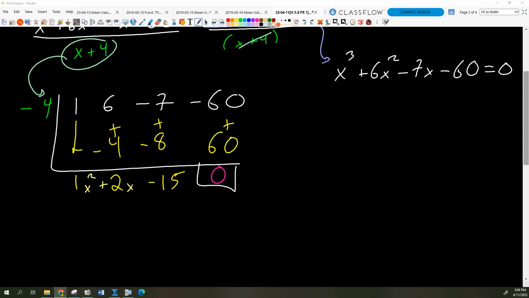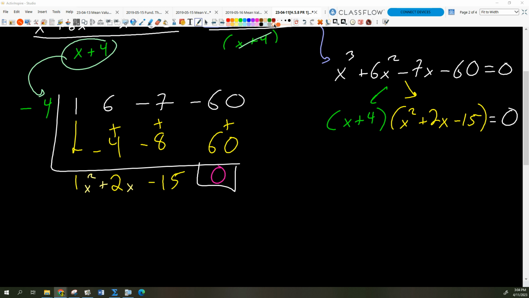Okay, we're going to break that up into our green factor, which we already knew was x plus 4. And now we figured out what the yellow factor is. That's x squared plus 2x minus 15.